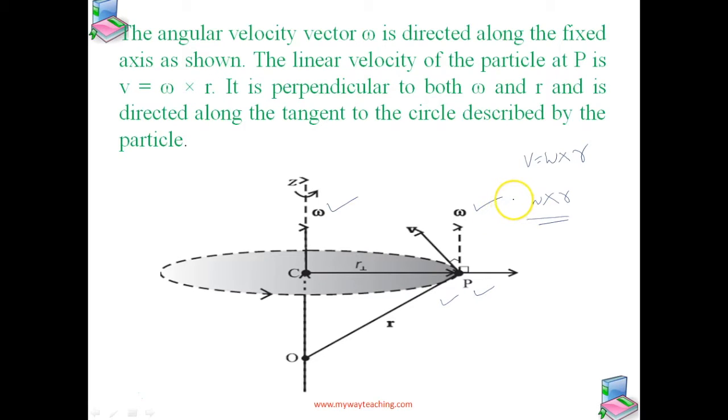So now let us see what the vector product w cross r corresponds to. See, in this figure, it shows that the vector w is directed along the fixed z axis. And also the position vector r is equal to OP of the particle at P of the rigid body with respect to origin O. So here the origin is chosen to be on the axis of rotation, isn't it?